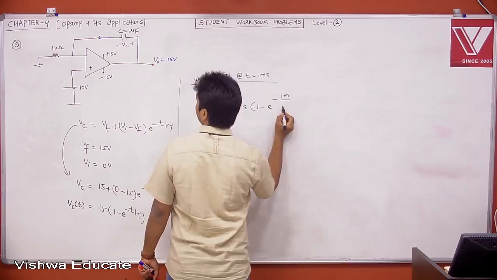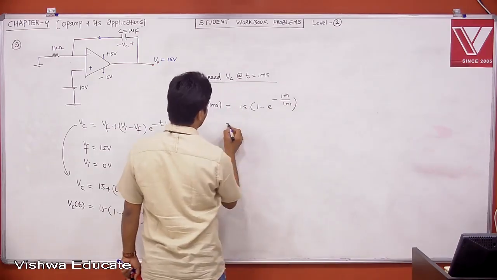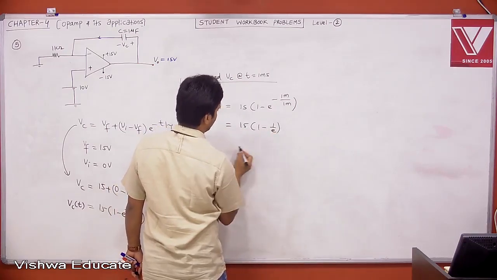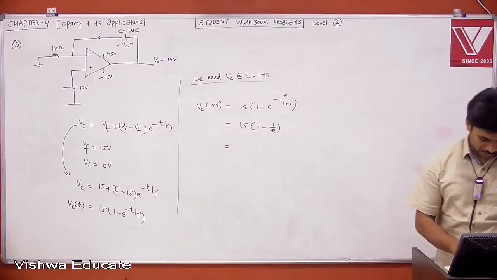What is tau? Tau is nothing but 1 milli, right? Then this is 15 into 1 minus 1 by e, right? What is the value of 1 minus 1 by e?